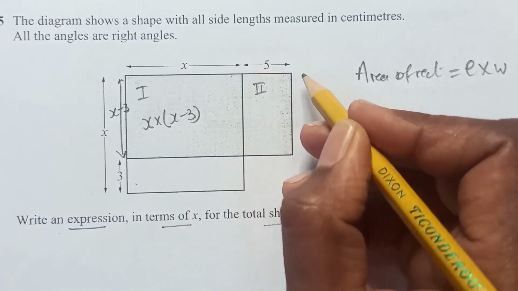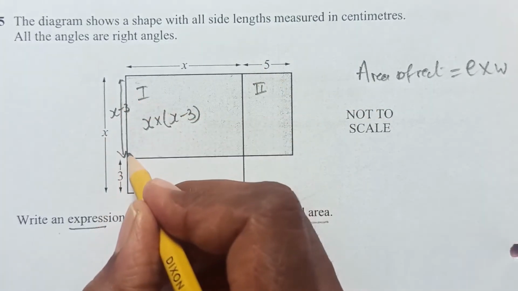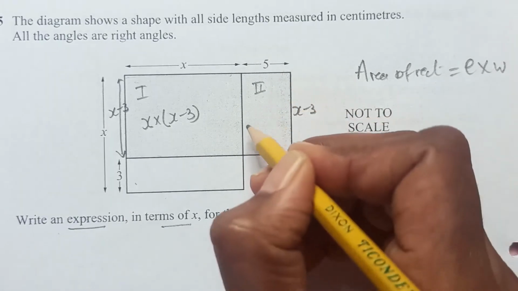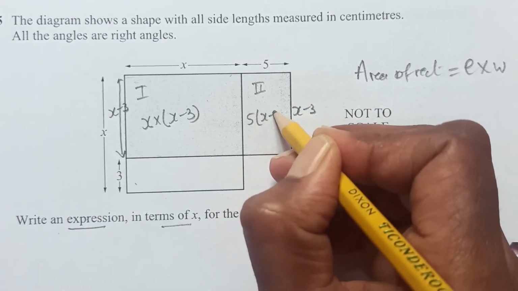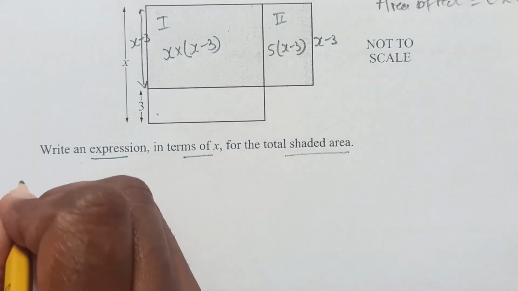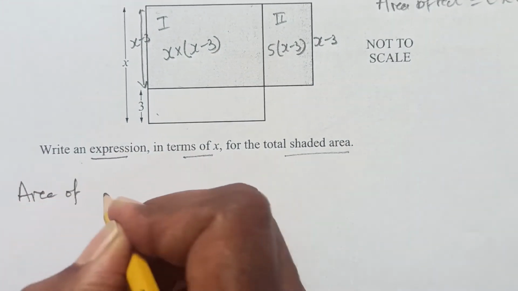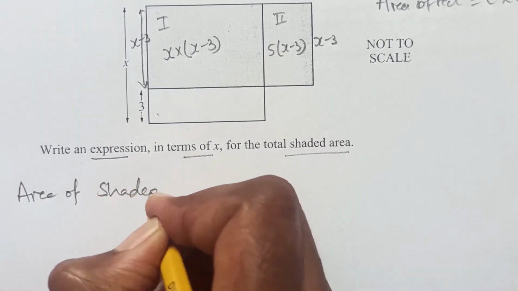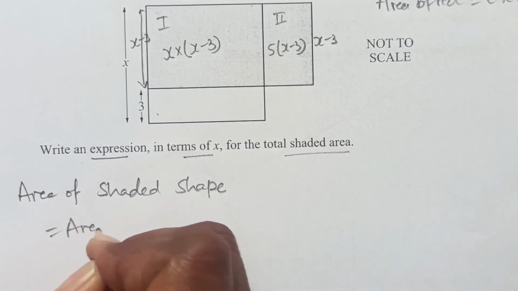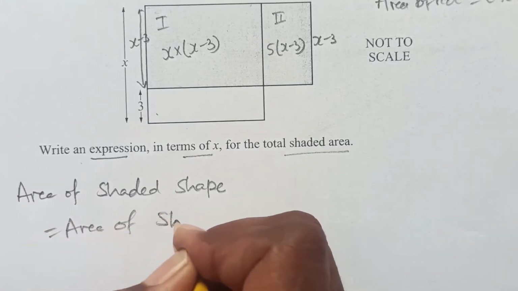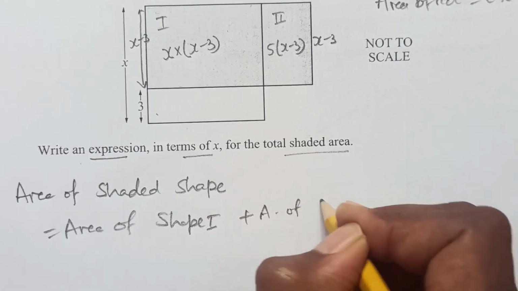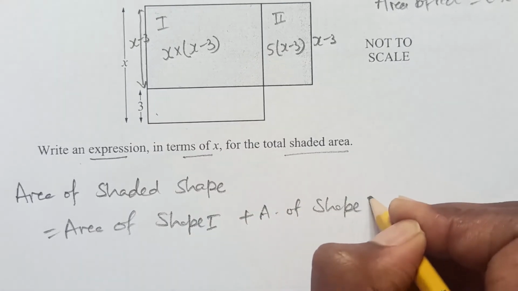Now this one again, this is x minus 3 and this is also going to be x minus 3. So the area of this will be 5 times x minus 3. Then we will just add these. So the area of the shaded shape is equal to the area of shape 1 plus the area of shape 2, right?